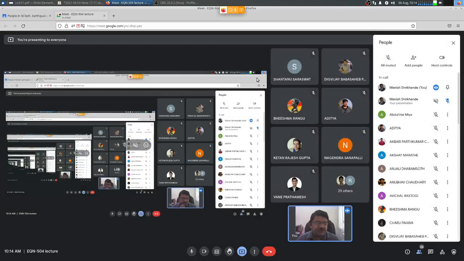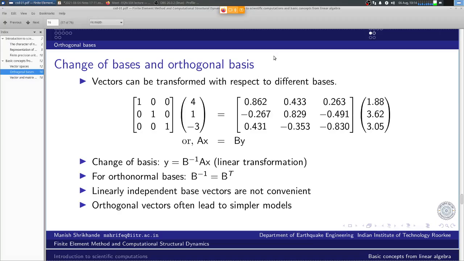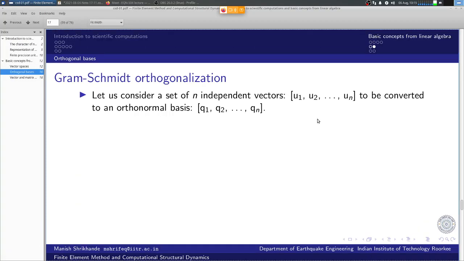So now we go back to the discussion on Gram-Schmidt orthogonalization.